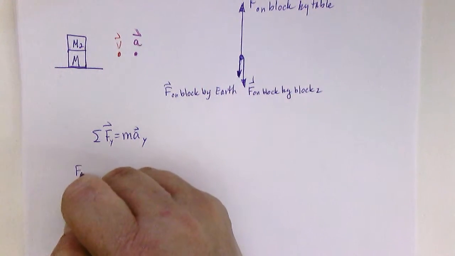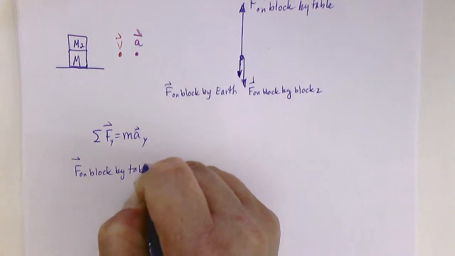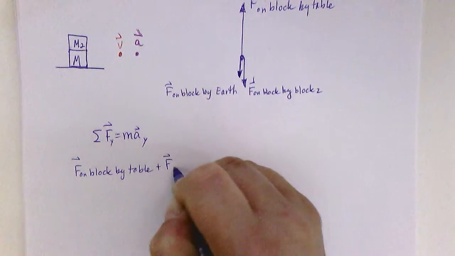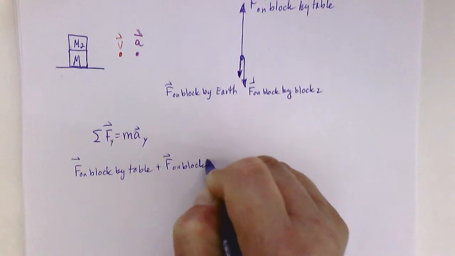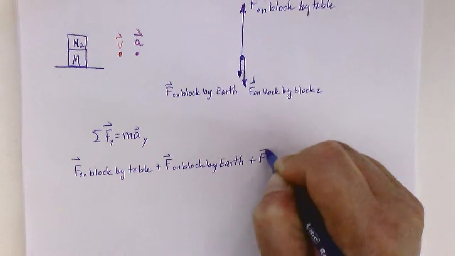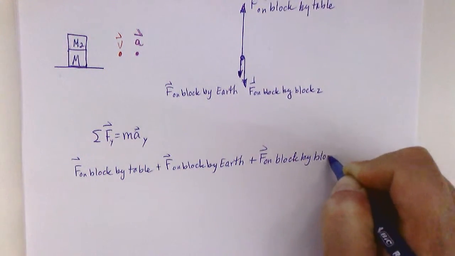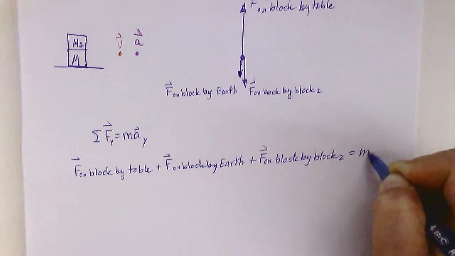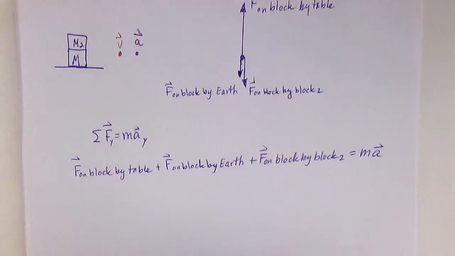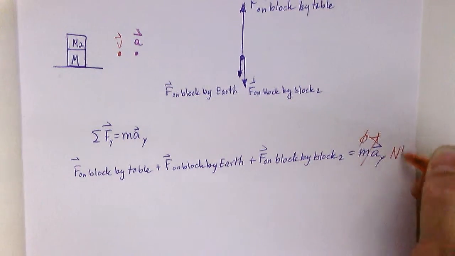So we have force on block by table plus the force on block by the Earth plus the force on the block by block 2. And that's all equal to ma sub y. Okay, am I accelerating? No, I'm not. So this term goes to 0, Newton's first law.